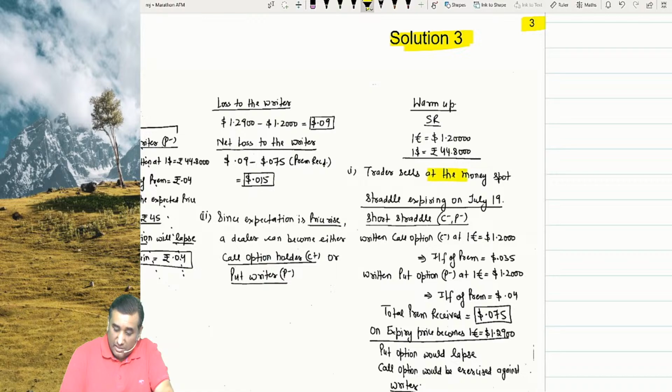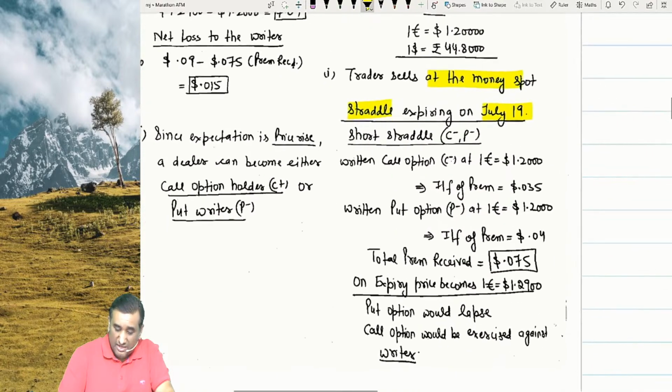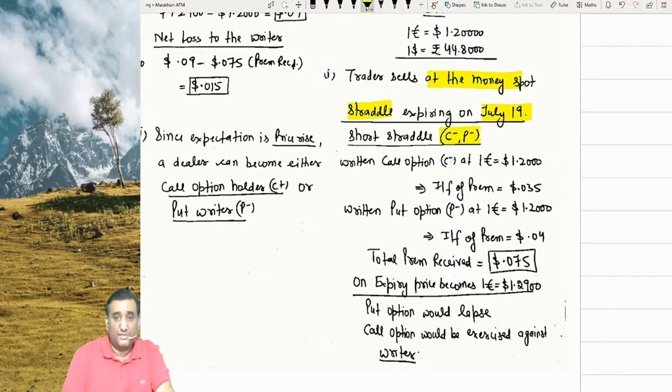Trader sells at the money spot straddle expiring this. Short straddle: sells C minus, written call option on one share at 1.2, inflow of premium 0.035. Written put option P minus at 1.20, inflow of premium 0.04. Total premium received 0.075.